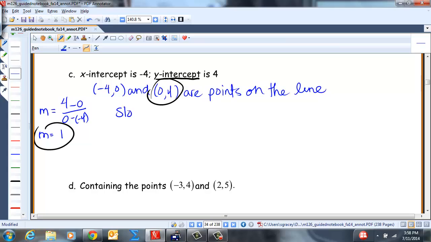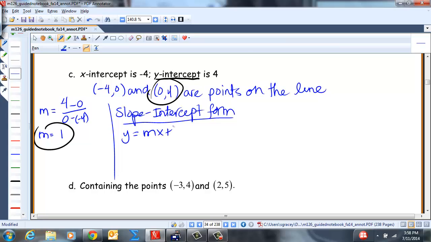So for slope-intercept form, we'll have y equals mx plus b. So y equals, our slope was 1, so 1x plus 4. So y is x plus 4.